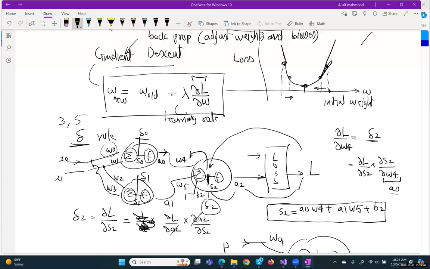As I mentioned in one of the previous lectures, rather than writing this type of equation for every weight and every bias, we describe the gradient descent algorithm as theta equals theta minus lambda partial L over partial theta. This is a one-line math description of the gradient descent algorithm. So what is theta? Theta is basically all the weights and biases in our network.